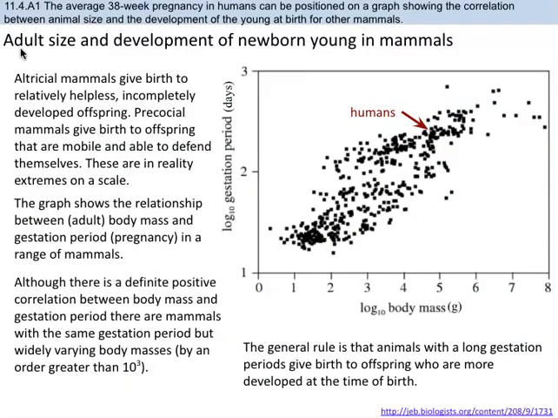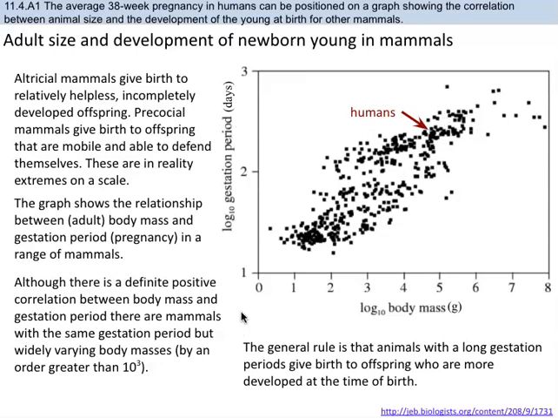So this slide, final statement: the average 38-week pregnancy in humans can be positioned on a graph showing the correlation between animal size and the development of young at birth for other mammals. What this is saying is that the body mass of the adult mammal that is giving birth correlates with the gestation period.